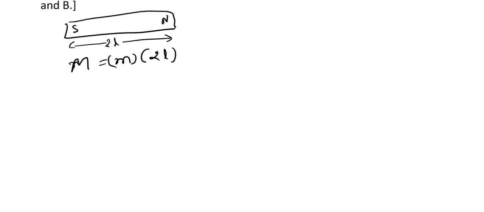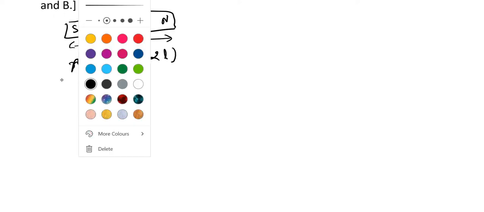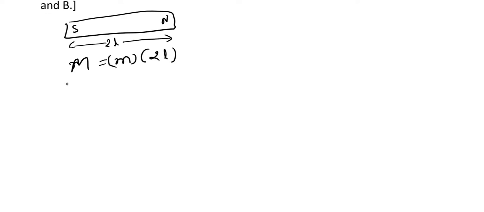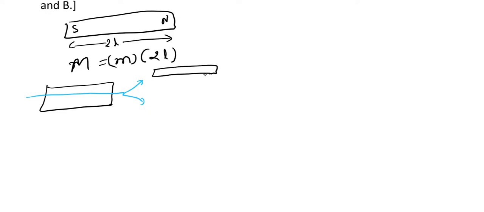Now, what if I divide this bar magnet in this way? Say this is the bar magnet, and if we cut it like this, in that case we will have two pieces like this, isn't it? But each one will have the same length 2L only.